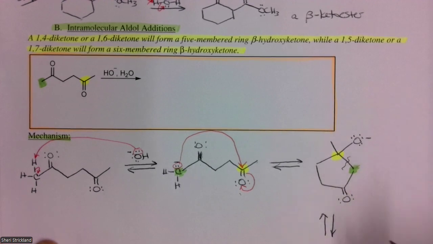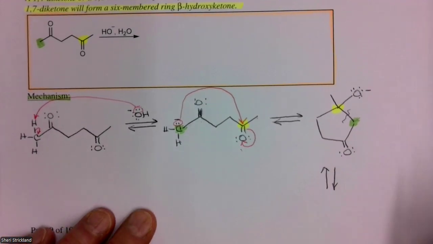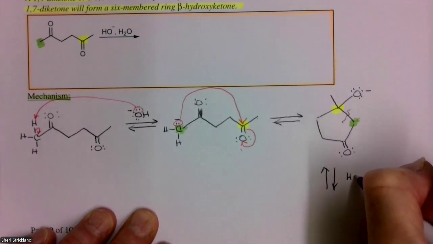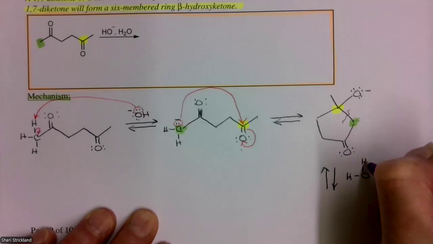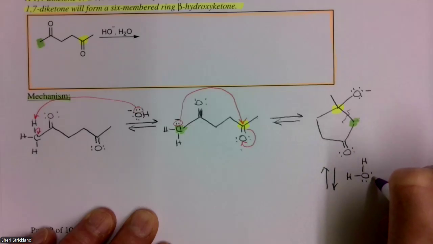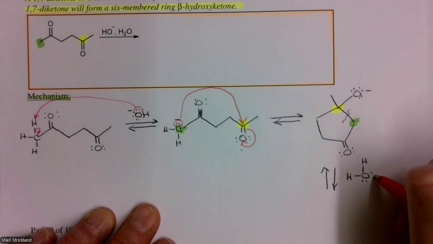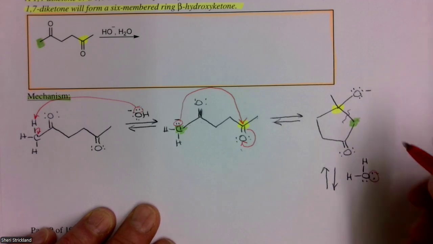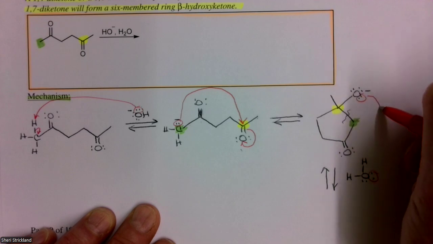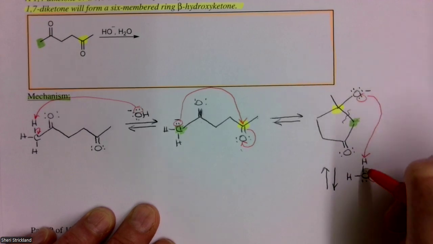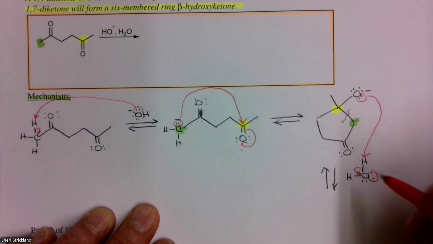Okay. And so then a protonation is all we need to do to finish this one up. Since it's aqueous base, the proton donor will be water. Proton acceptor, of course, was the hydroxide. Sorry, going the wrong way. Here, and then to here.